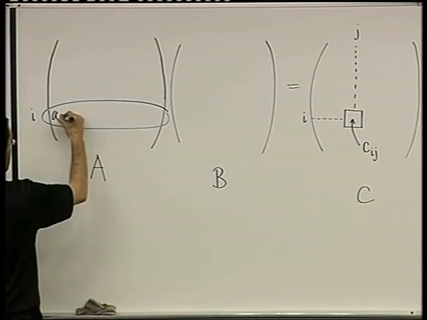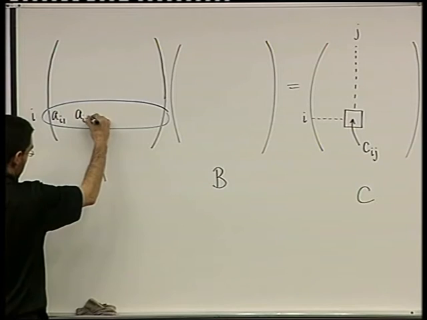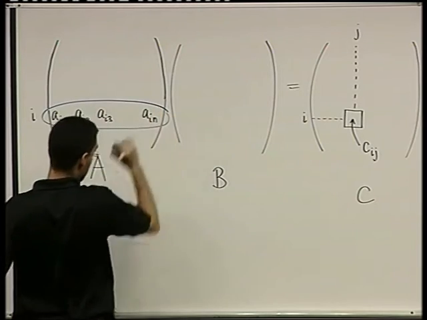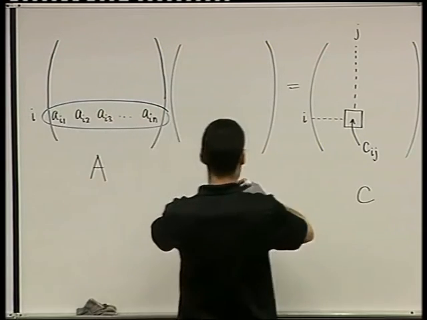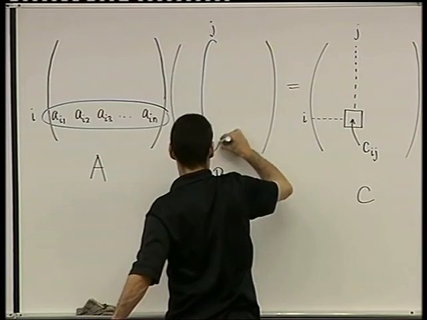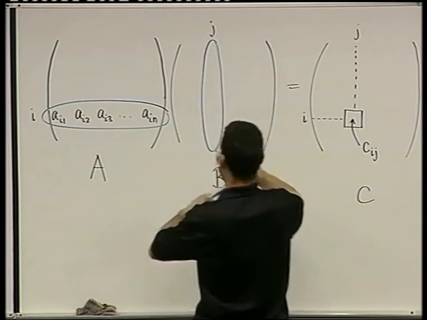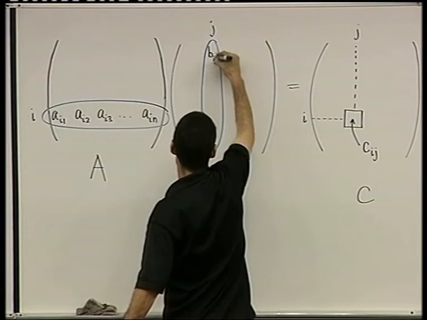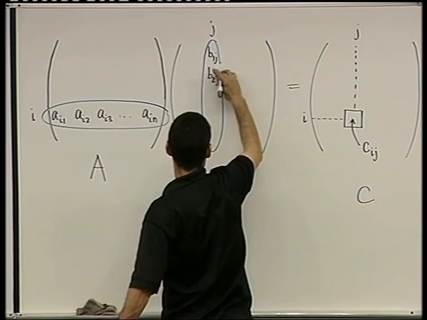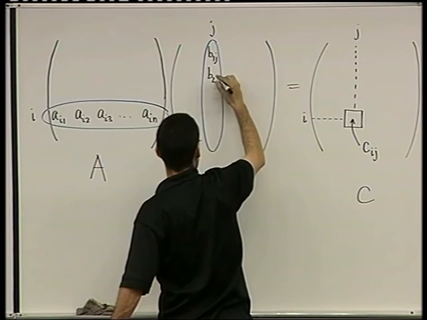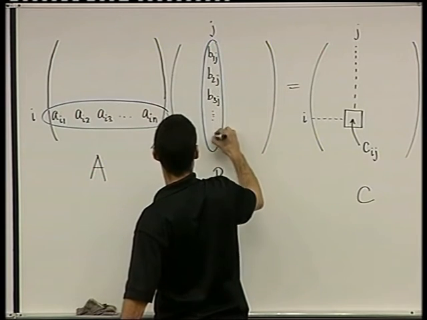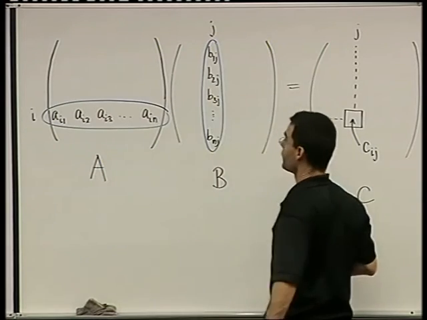Are a_i1, a_i2, a_i3, all the way to a_in, and multiply it by the jth column of B, whose elements are b_1j, b_2j, big J, sorry, b_2j, b_3j, all the way up to b_nj.